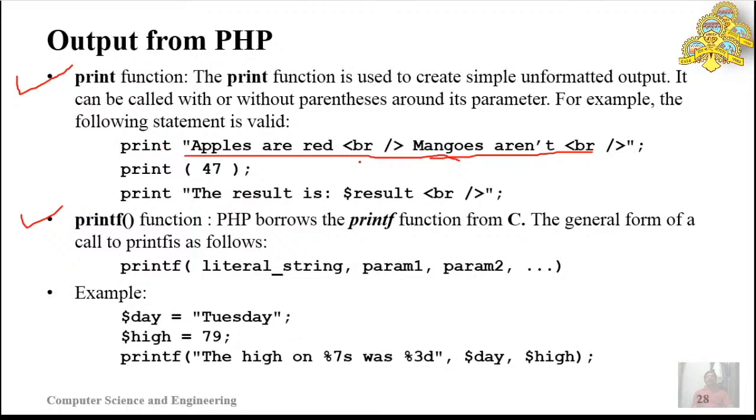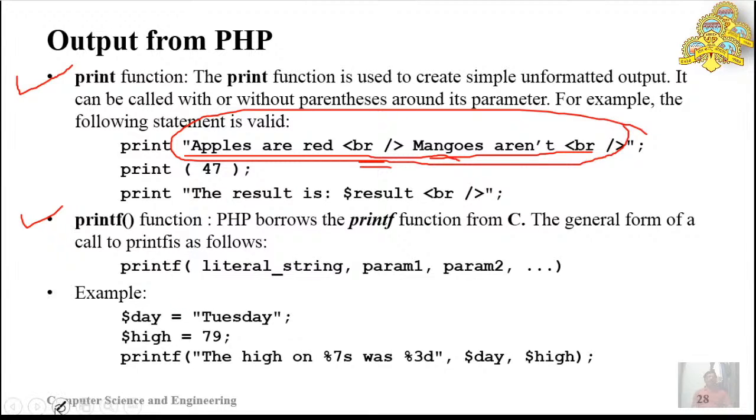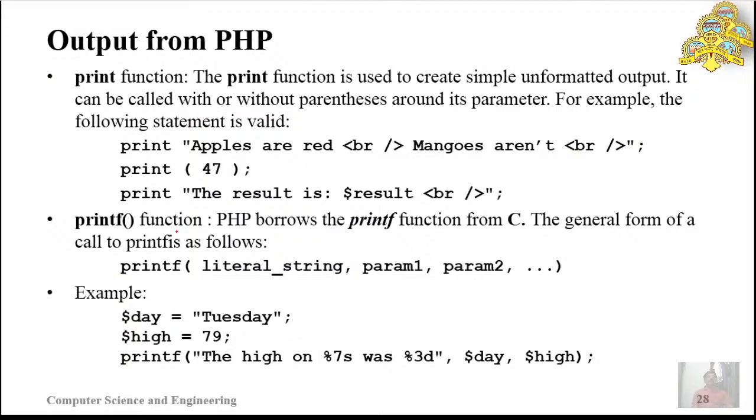Observe that there is a break tag, it's HTML content. These are not processed, these are sent to the browser as it is. So it is the browser's responsibility to process this information, and PHP code will generate this code and send it to the browser.